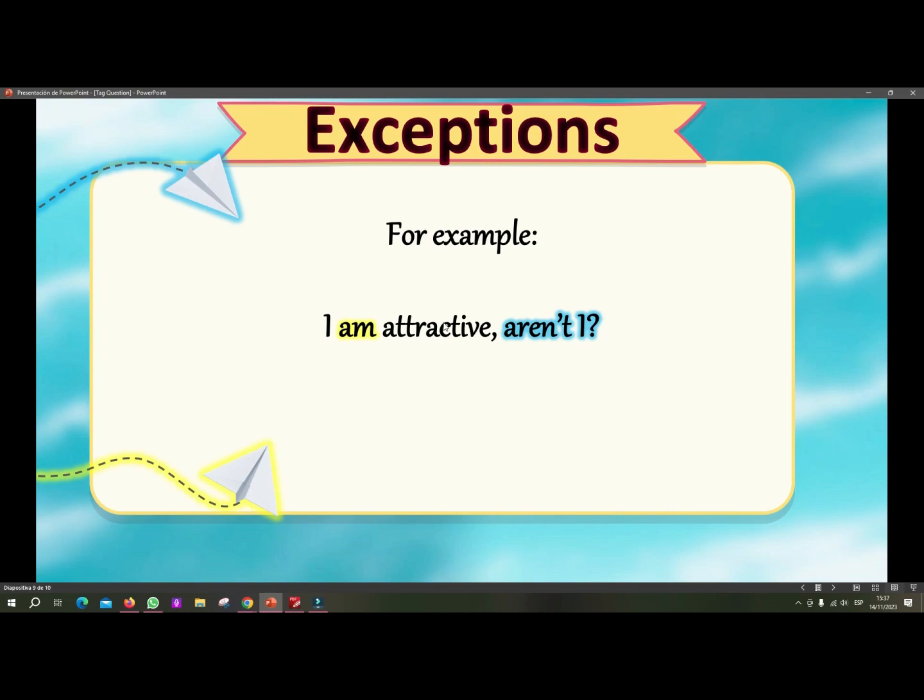But in the tag question, you're not going to use am. In this case, you're going to use are plus not, because this is an affirmative statement, so you need a negative tag question. So, I am attractive, aren't I? That is an exception, guys.